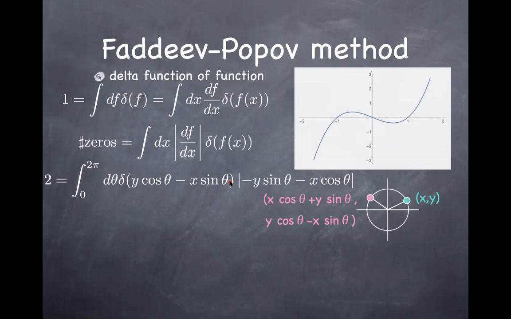That's the gauge condition I'd like to put in. But when you do so with a theta integral, what you have learned is that I need to accompany it with this Jacobian. So that's the theta derivative in my case. y cosine theta differentiated by theta is minus y sine theta. x sine theta differentiated by theta is x cosine theta. So this thing is the Jacobian.